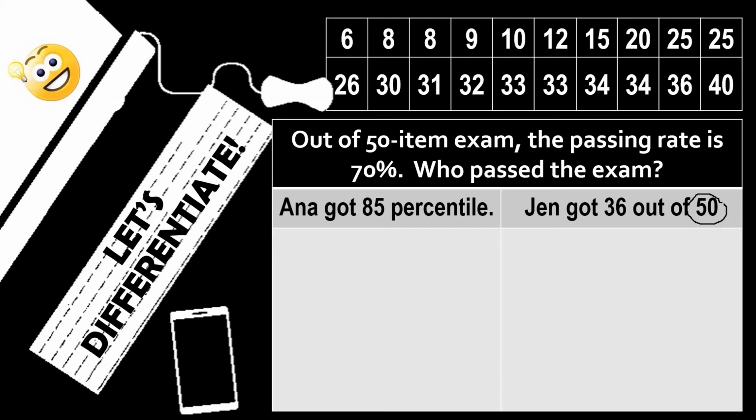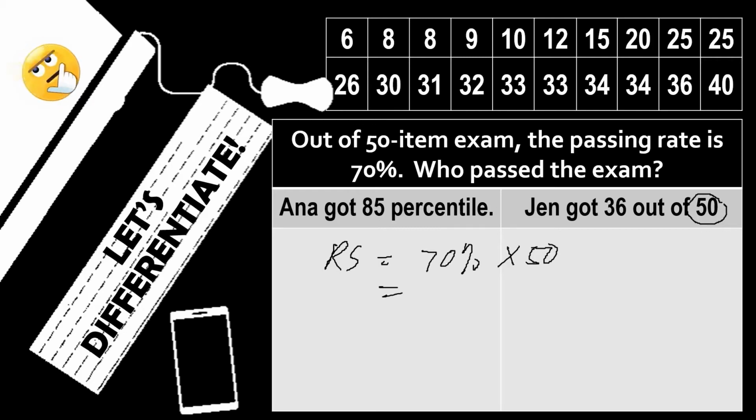So in this case, 50 is the perfect score, or 50 is the total items of the quiz or the exam. So 70% is the passing rate. So let us determine the raw score of the passing rate, and that is applying percentage. Simply, the raw score is equal to 70% of 50.